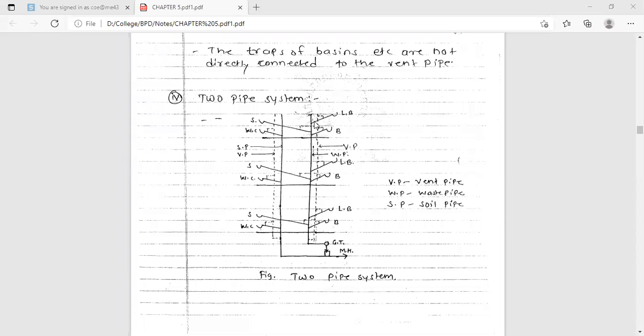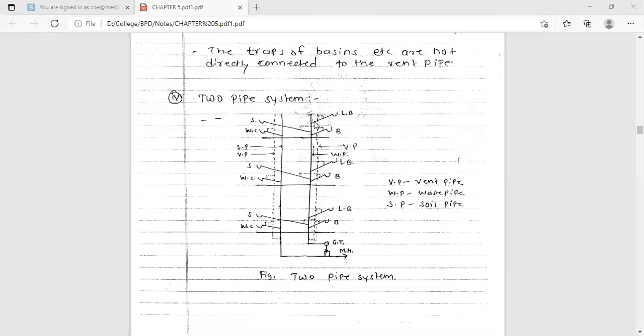Okay, whatever wastewater is there from the sink, basin or lavatory basin, we are going to discharge through a separate pipe, and for the solid waste from the water closet, to carry that we are going to provide a separate pipe. Okay, and also here to each pipe we are going to provide a vent pipe.